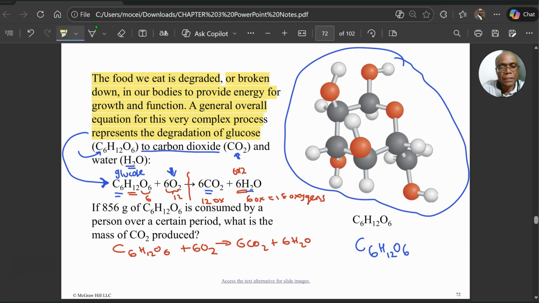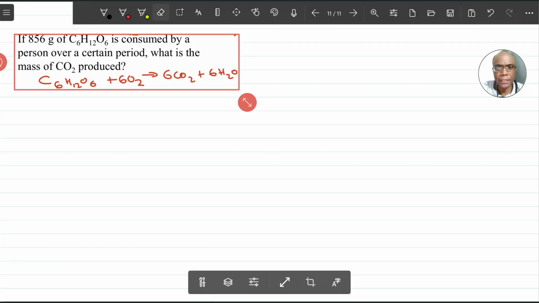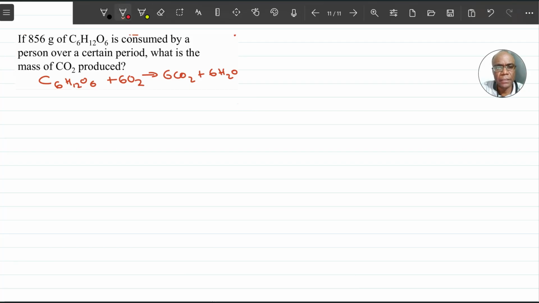So here comes the question. If 856 grams of glucose is consumed by a person over a certain period, what is the mass of CO2 produced? So my strategy here, as always, is write the chemical equation, but again, I'll have to list my given. So what I'm given here is going to be the mass of the glucose.